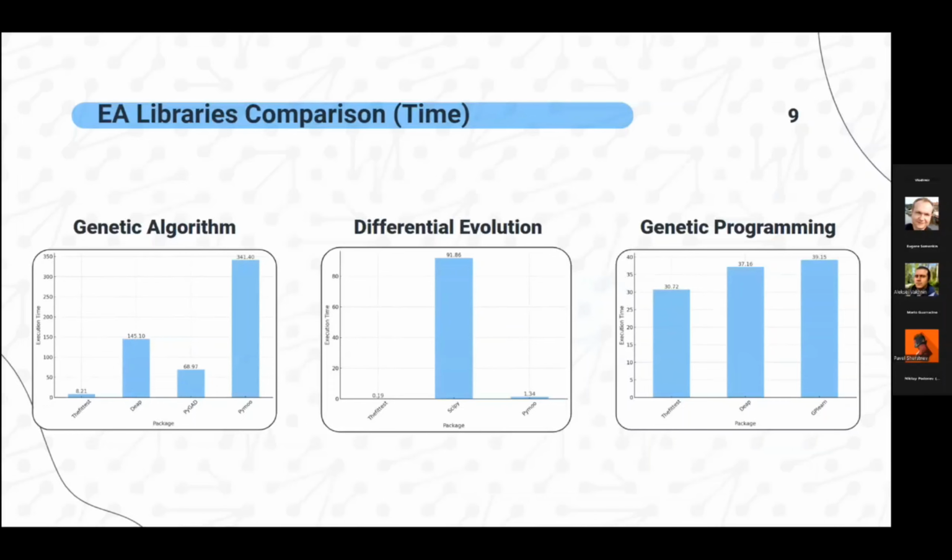Performance is one of the key factors when choosing tools for evolutionary algorithms. To evaluate them, algorithms from different libraries were tested on the same problem under the same conditions, with the only difference being their implementations. The figures show some of the best results, thanks to the optimization using the Numba library.